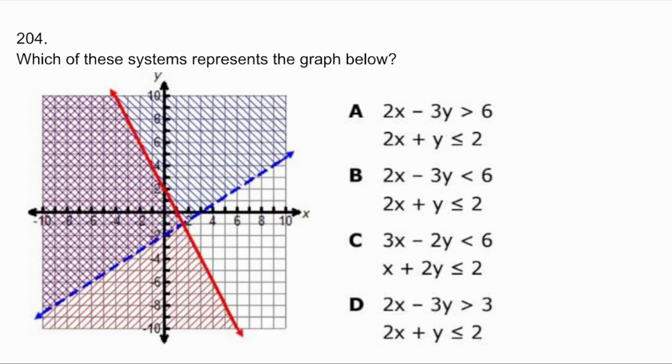So I'm going to check and make sure that the one I posted to my course calendar is correct. All right, so I'm going to start with this blue line here. This is dotted, and it's got a y-intercept of -2 and an x-intercept of +3. So the line itself, it looks like 2x minus 3y equals 6 would work.